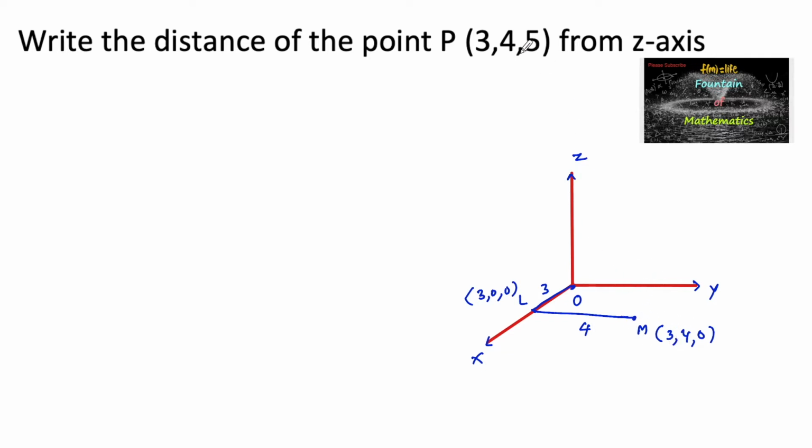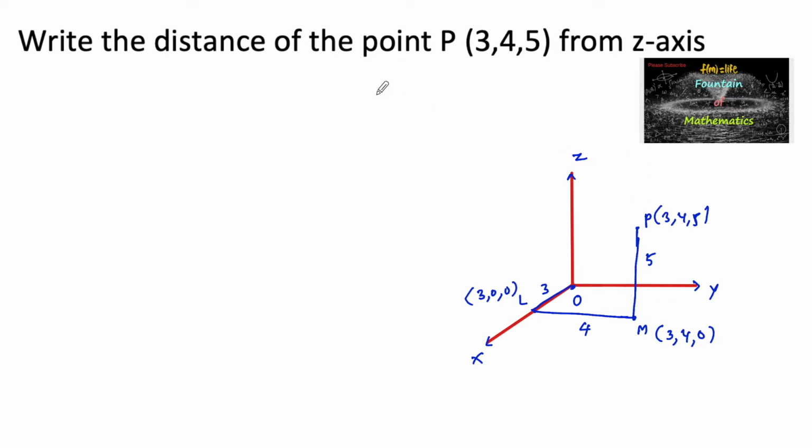And then to get the point (3, 4, 5), take 5 units which is drawn parallel to z axis. So let us draw the line parallel to z axis through M perpendicular to LM. So this is 5 units. Say here the point P(3, 4, 5).